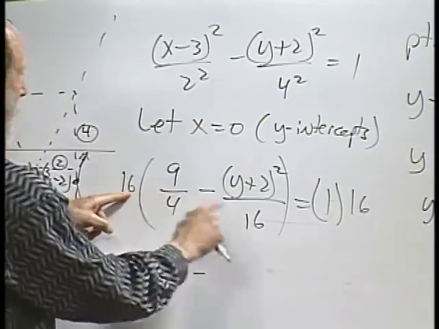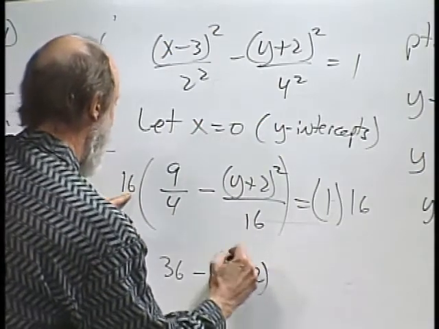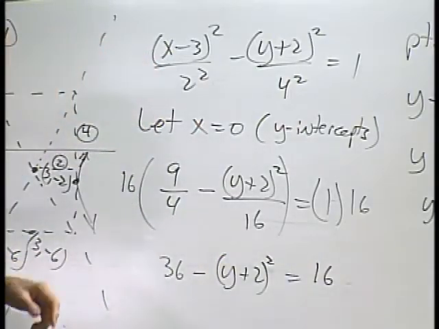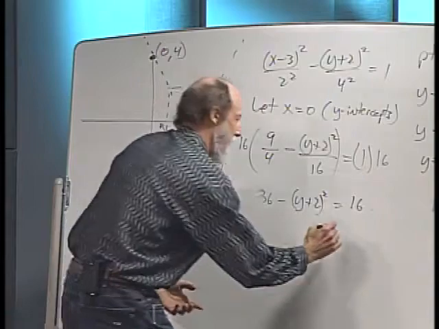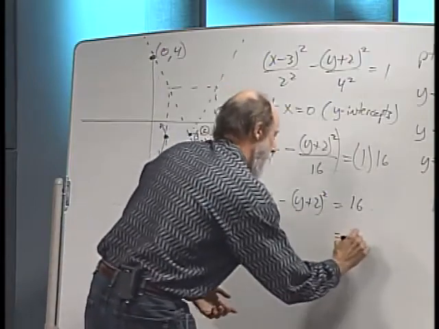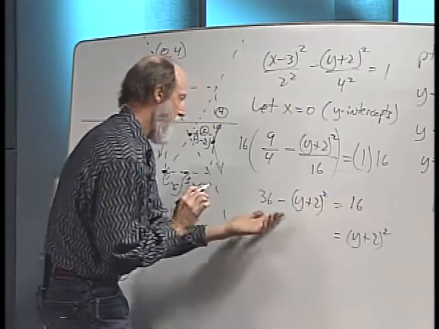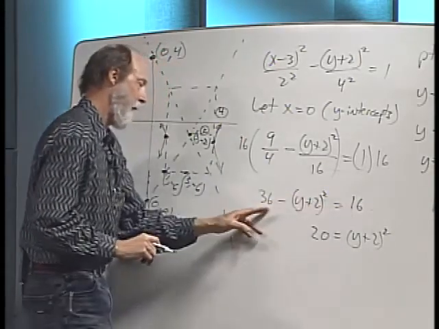Subtract off, 16 divided by 16 is 1. That leaves this binomial square right there, and that's equal to 16 on the right. If I imagine moving the y plus 2 to the other side through addition, it becomes positive. And I bring the 16 back over, and I'm left, I believe, with 20. 16 taken away from 36.